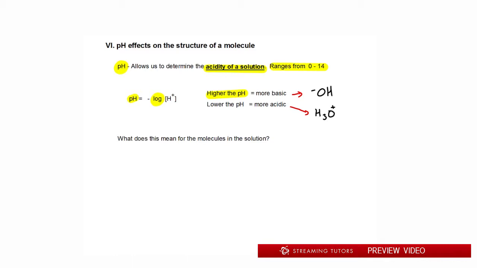Now, when you have a weak acid and base combination, a weak acid and its conjugate base, for example, that creates a buffer environment. So let me remind us what that is. What is a buffer?